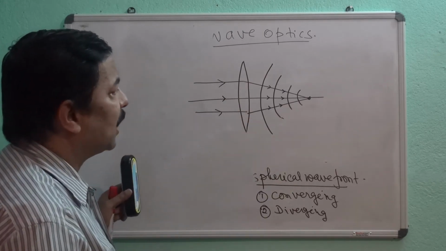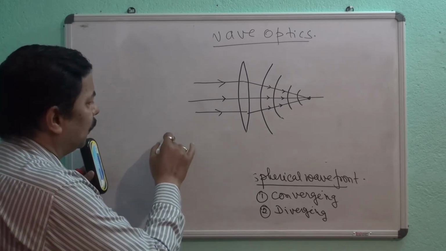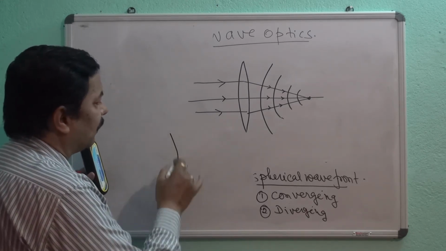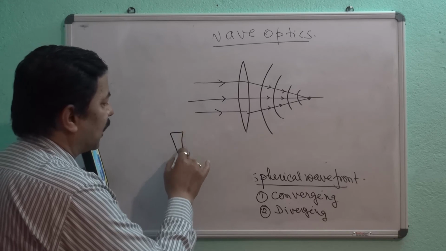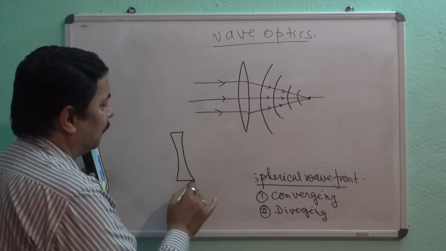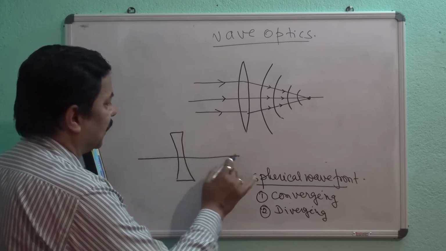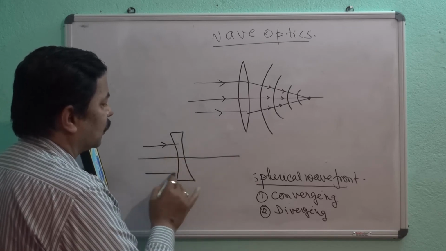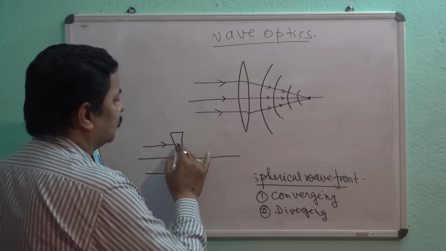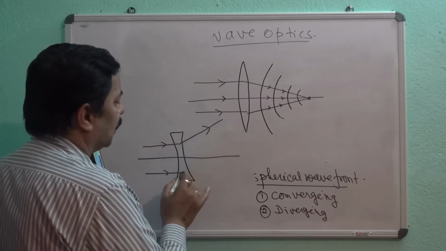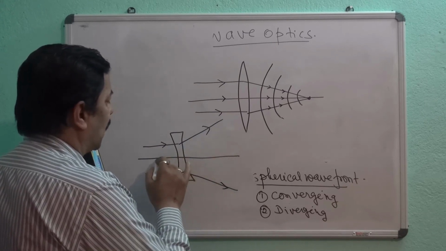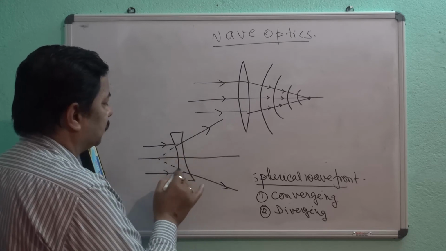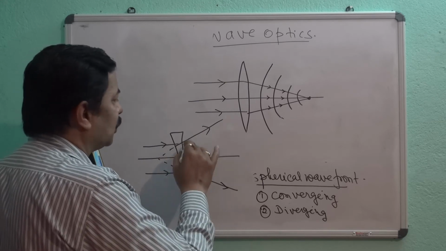If you want to understand the diverging spherical wavefront, we can use the concave lens. You see here is the spherical wavefront, here is the ray that is going in this way, and it will go in this way, and at the point behind the focus here, what will you observe?